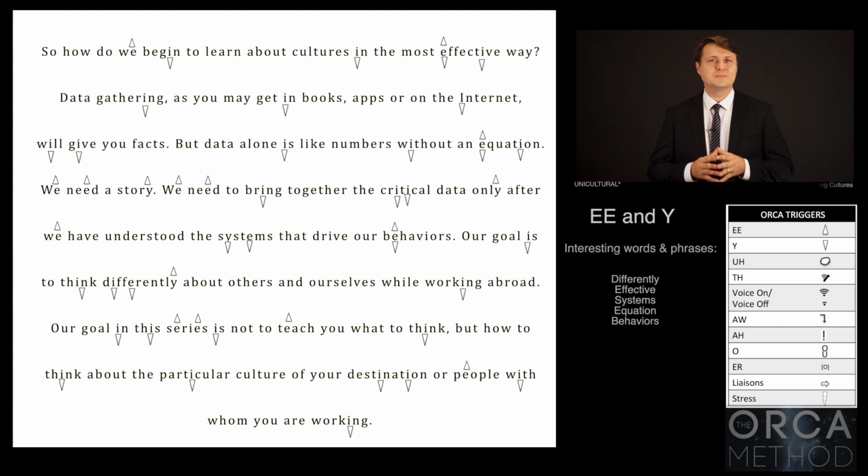Our goal is to think differently. Differently. That's another interesting word because it's not differently, it's different differently about others and ourselves while working abroad. Our goal in this series, look at that double, in this series. Look at that sequence. That's an interesting phrase.